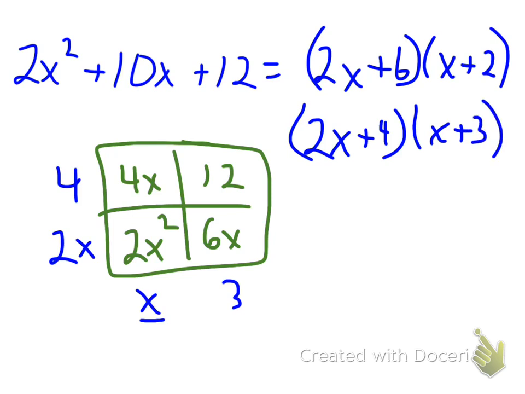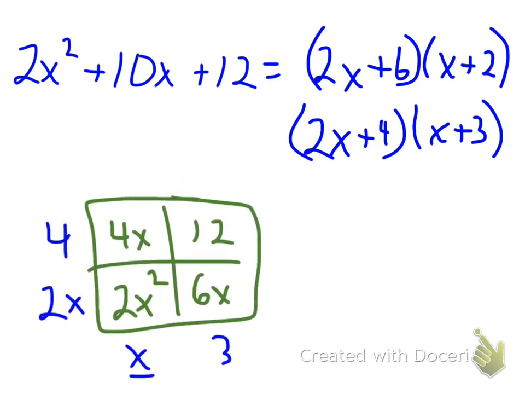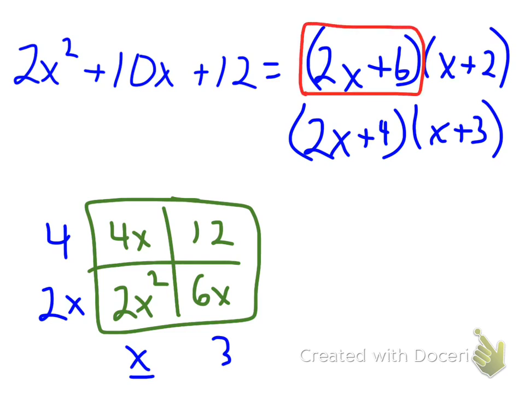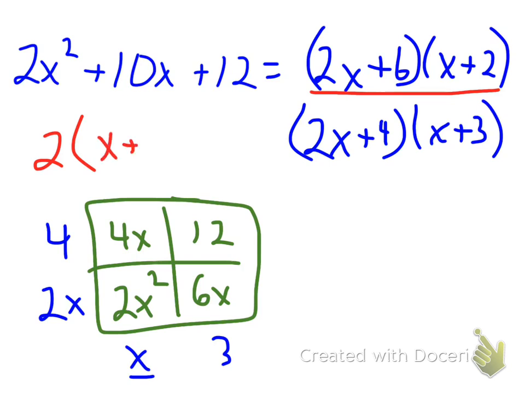Those are different. So if this is the case, what I can still do to get the correct answer is you may notice that this part right here still has that greatest common factor of 2. Same with this one. I still have a greatest common factor of 2 that I could take out of both of those. So working with the top one, if I would take a 2 out, I would then have x plus 3 times x plus 2.